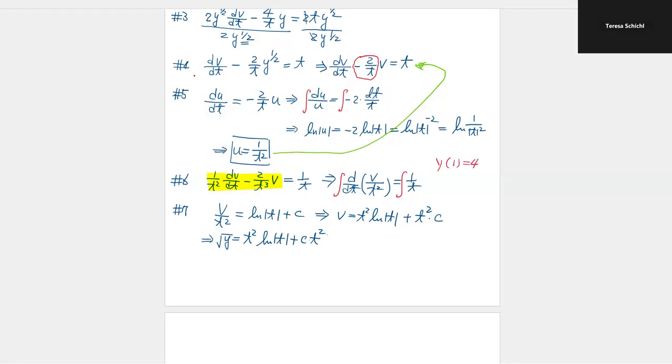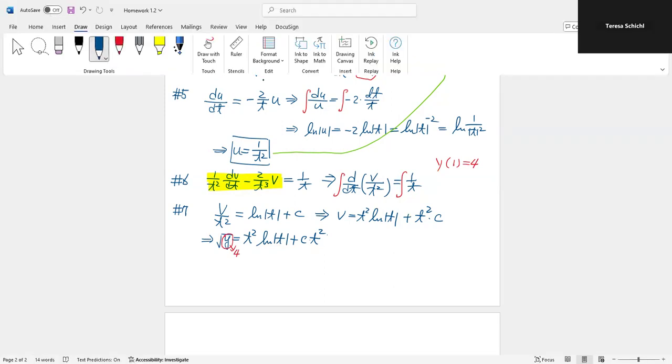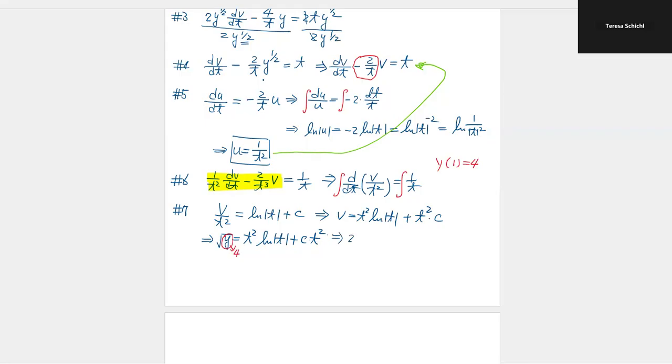That means y equals 4 when t equals 1. So the square root of y is 2, which equals 1 times natural log 1 plus c. Natural log 1 is 0, so c equals 2.